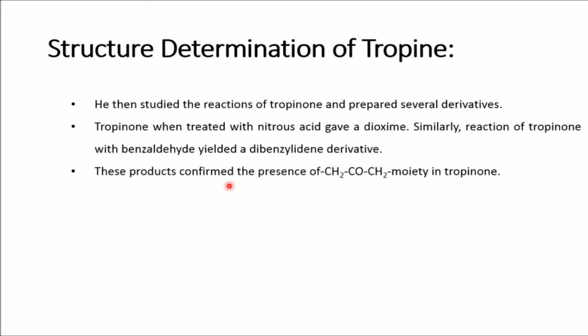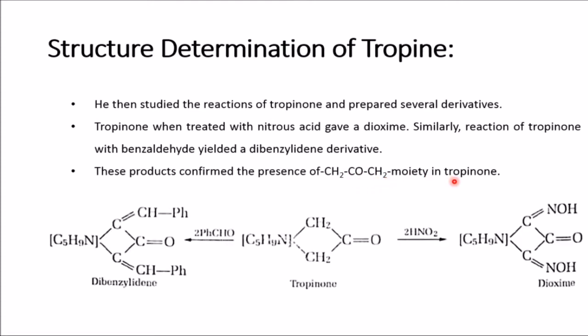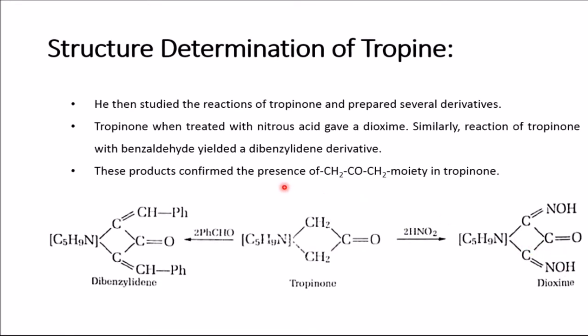These products confirm the presence of the CH2COCH2 moiety in tropinone. Here the dibenzylidene is obtained on treating with benzaldehyde, and treated with 2 moles of HNO2, tropinone is going to give you the dioxime, and that confirms the presence of the CH2COCH2 group in tropinone.